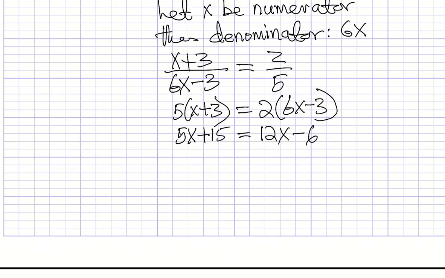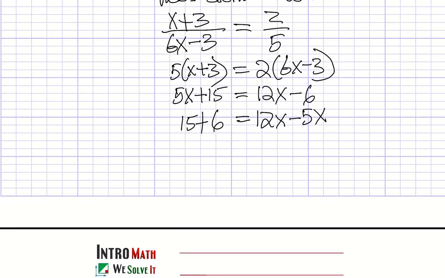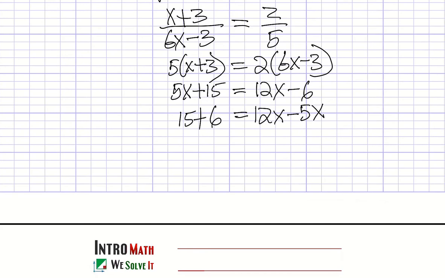We'll move things around. Bring 6 over, plus 6, so 15 plus 6. The 12x stays, and we bring 5x over, it becomes negative 5x. Simplify all that.